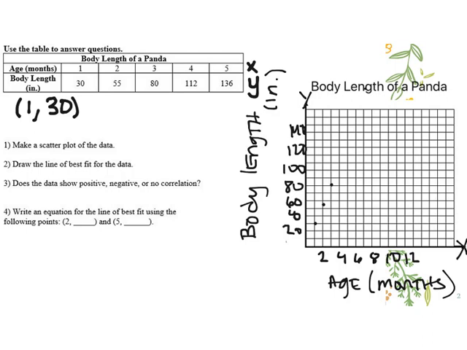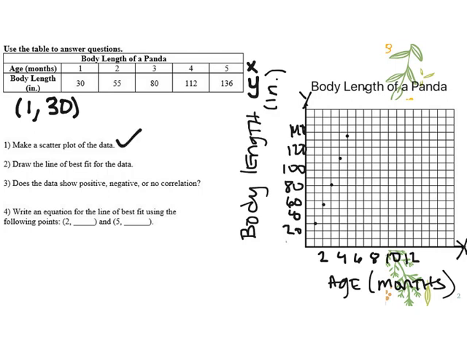And then number 4 is at 112. And then number 5 is at 136. Okay, so we should be good now. So now we have made our scatter plot.